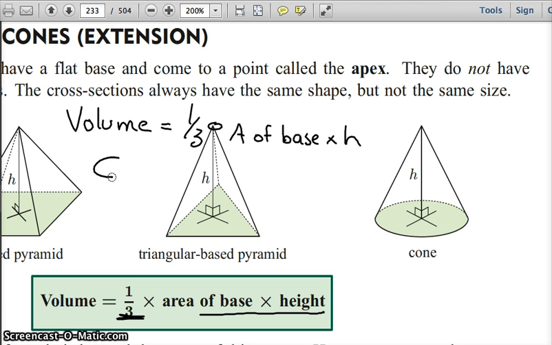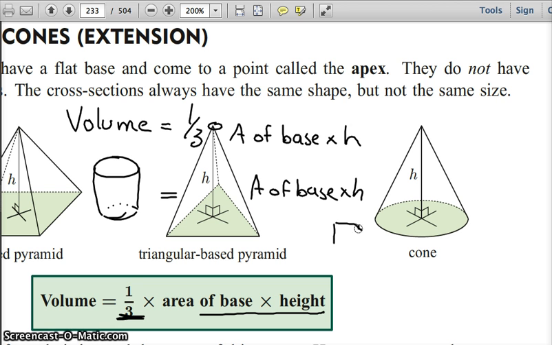If it doesn't, if it's looking like this, sorry about my artistic talents, then the volume is just area of base times height. Or if it's a rectangular prism, again, we've still got the same shape on the end as we have on this end.